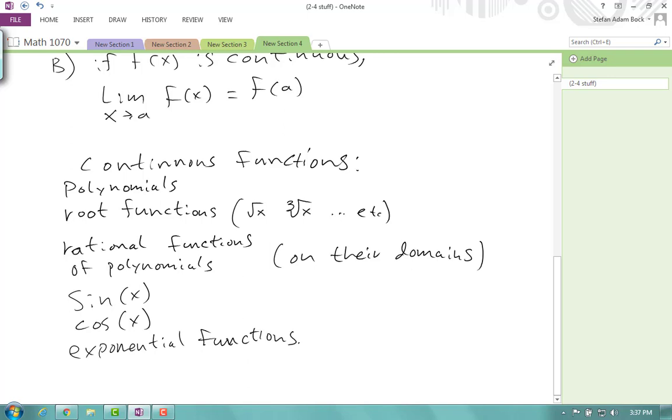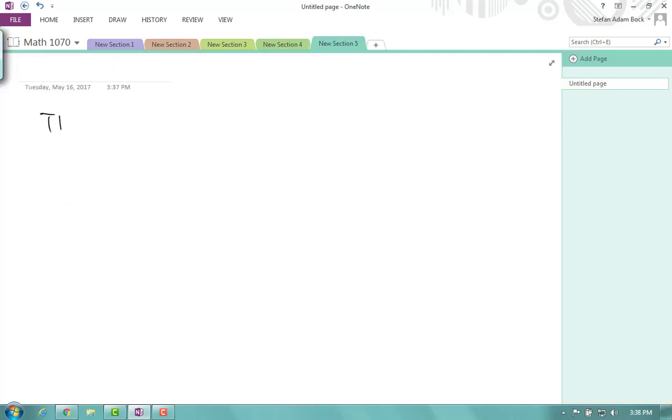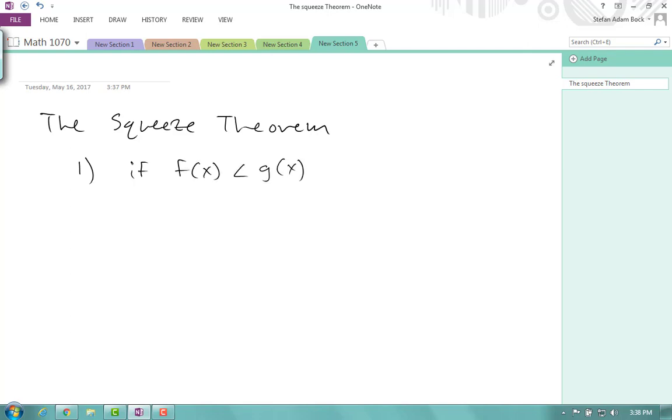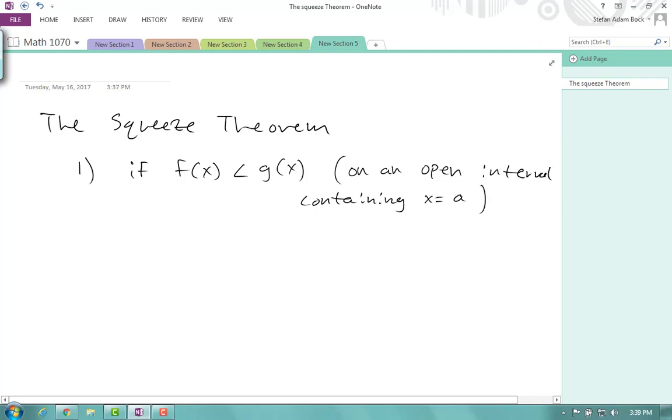So the last major topic we have out of section 2.3 is the squeeze theorem. And I'm going to present this in two parts. Part 1 is if f of x is less than g of x, at least on an open interval containing x equal to a, then the limit as x goes to a of f of x will follow the same inequality. It will be less than or equal to the limit as x goes to a of g of x.